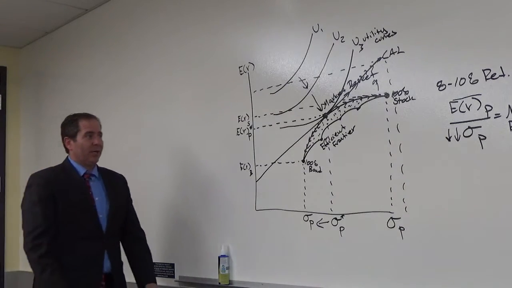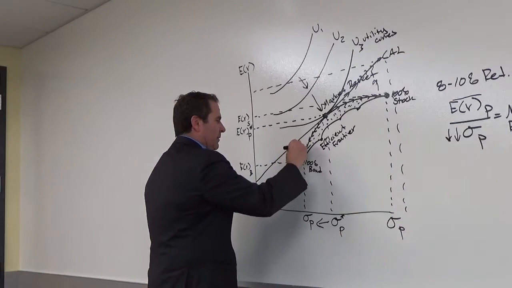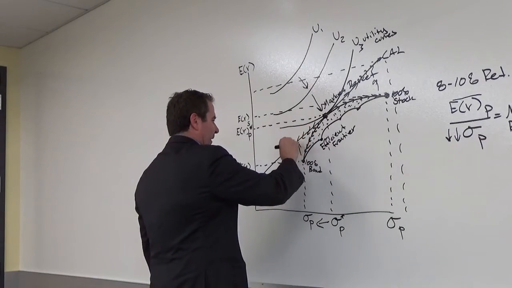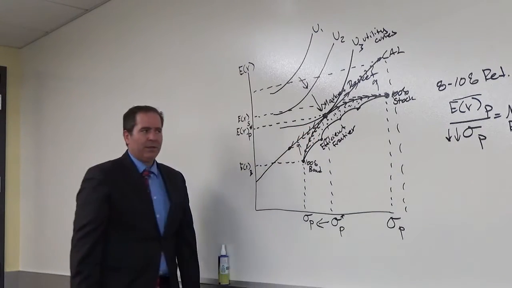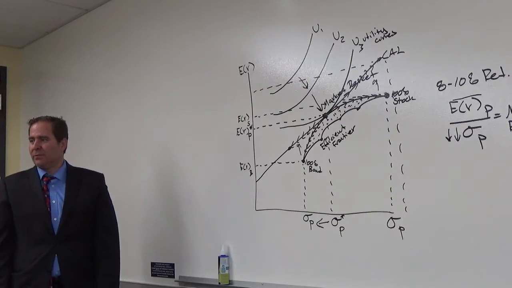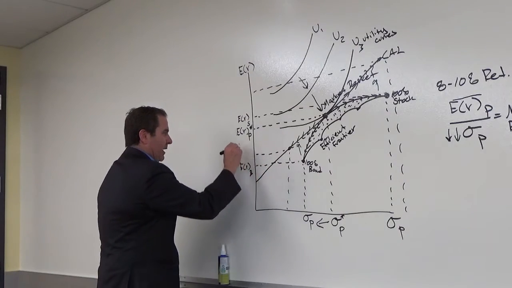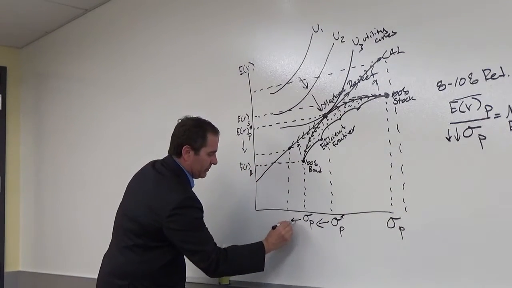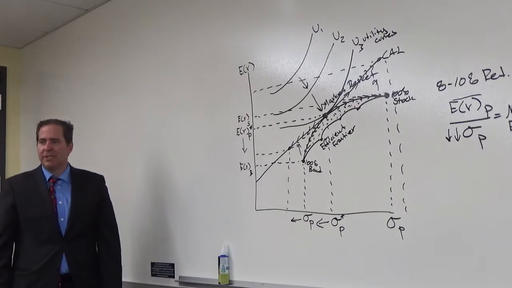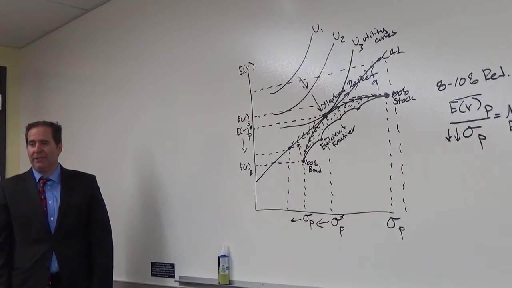I can also jump off the efficient frontier and move down the capital allocation line through the process of lending, which is what banks do. Through lending, I'm going to reduce my expected return, but I'm going to reduce the portfolio standard deviation, the risk, significantly.